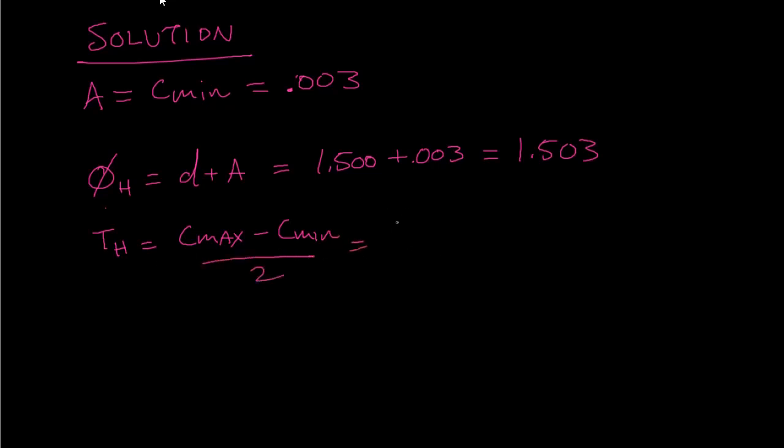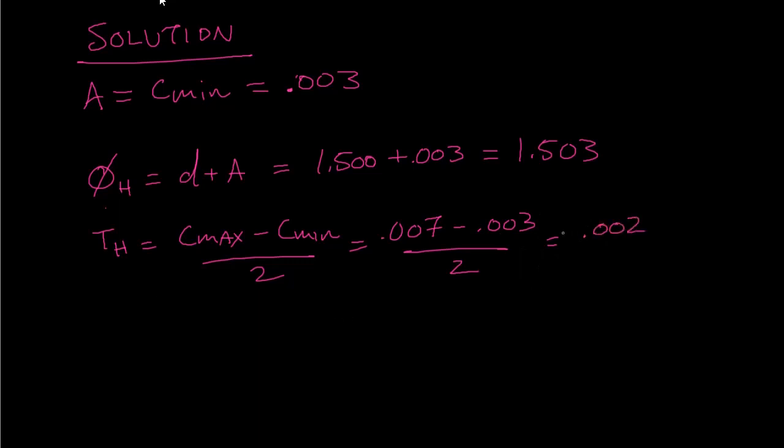So 7 thou minus 3 thou over 2. So this is 7 minus 3 is 4, and 4 divided by 2 is equal to 2 thou.